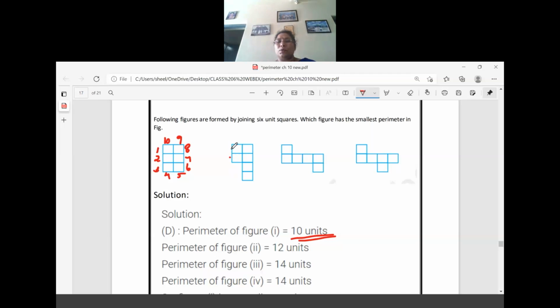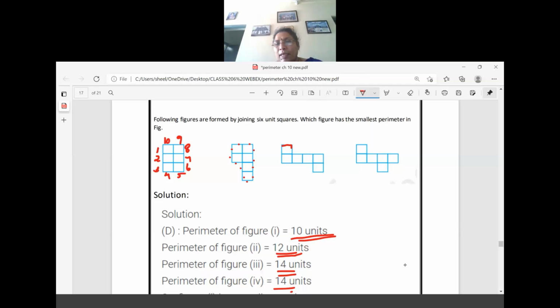So 1, 2, 3, 4, 5, 6, 7, 8, 9, 10, 11, 12. If you add for the second diagram, you will get 12. Similarly, if you add the third and fourth, you are going to get 14 units respectively. The advantage here is that it's a unit square, so each side length you can go for 1.